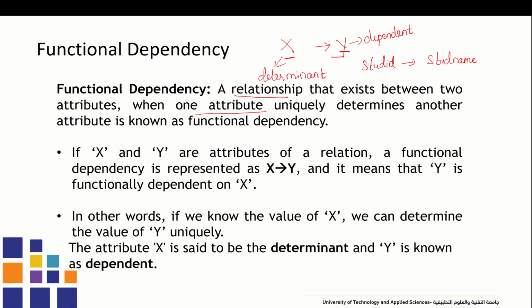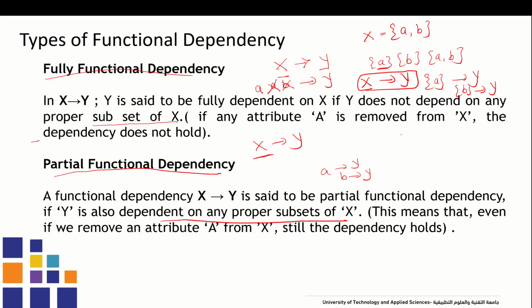So what is functional dependency? The relationship between the two attributes x and y is called functional dependency. Then there are three types of functional dependencies. Fully functionally dependent means you will not be able to remove any elements from the left side. If you remove, you cannot determine y. Partial functional dependent: if you remove, you will still be able to determine y.